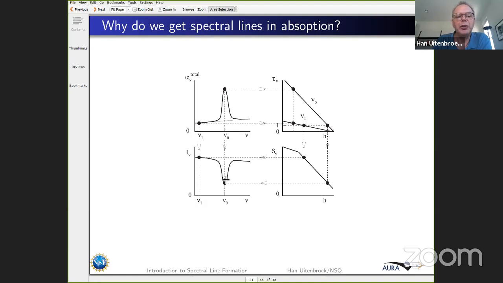So the name absorption and emission line is a bit deceptive in the sense that it's not due to having more absorption. It is sampling different temperatures at different parts of the line. And in an absorption line, the higher layer is cooler than the deeper layer, where you see the continuum.